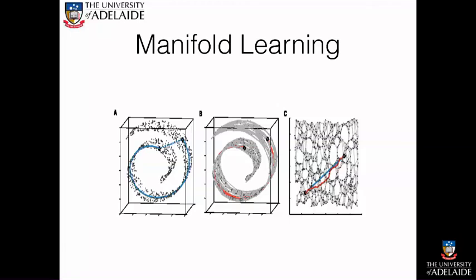So the research problem is how we find the underlying low-dimensional space, or in other words, how we unfold the original data.